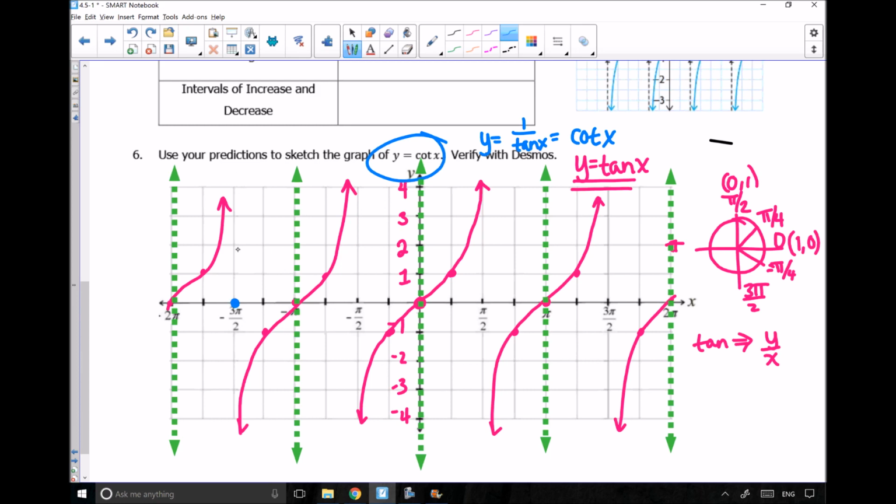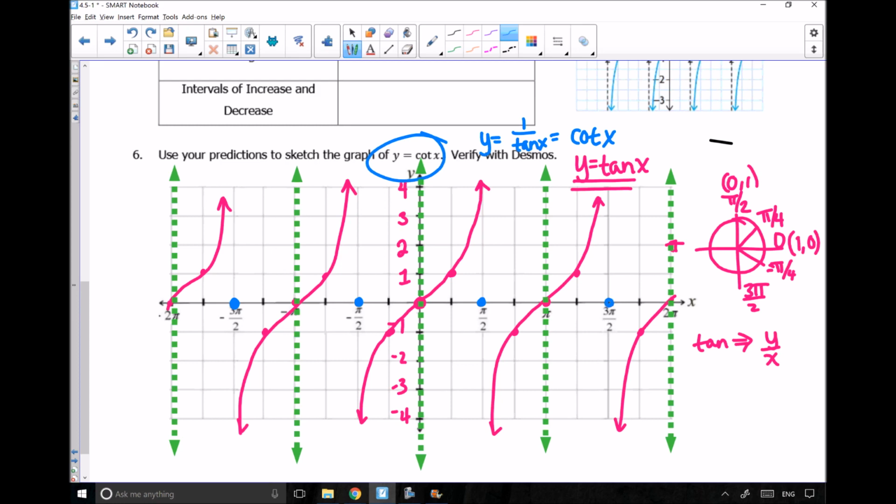So if there was an asymptote here in the original function, then there's going to be a 0 in the reciprocal function because it works both ways. We had an asymptote here, so we'll have a 0 on the reciprocal function. The original function had an asymptote here, so we'll have a 0 on the reciprocal function. The original function had an asymptote here, so we'll have a 0 at our reciprocal function here.